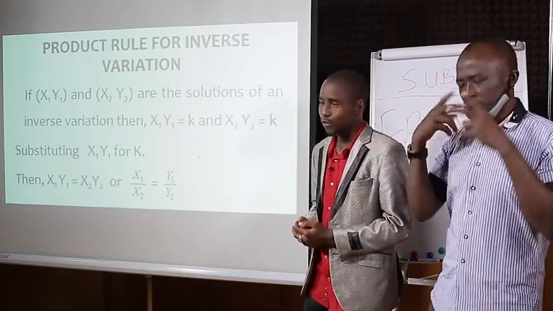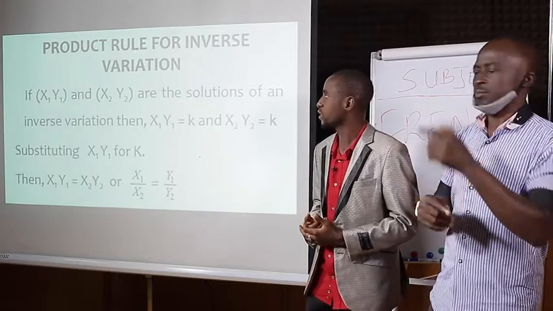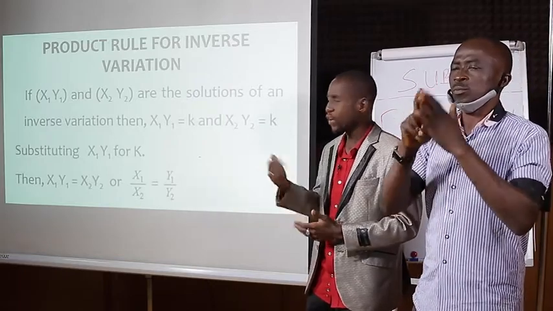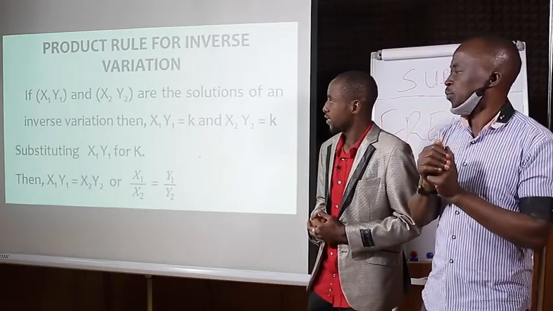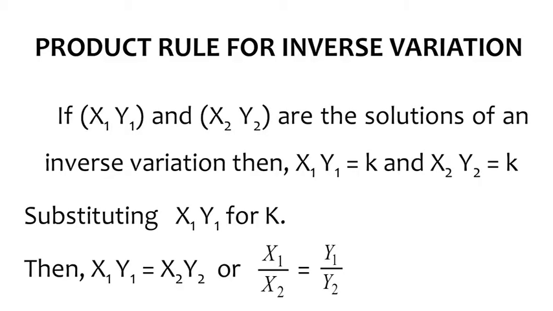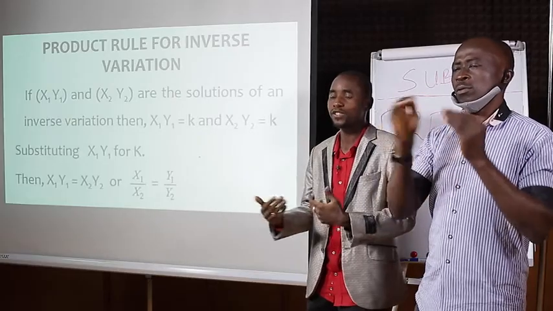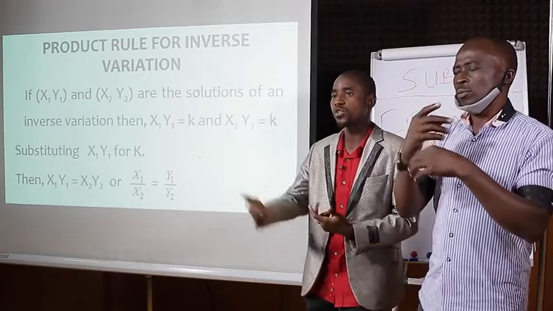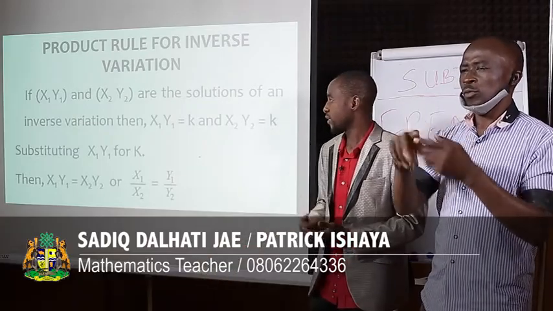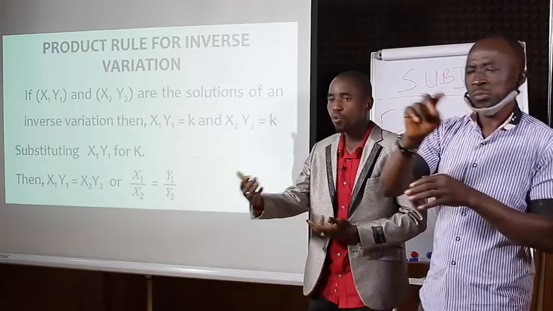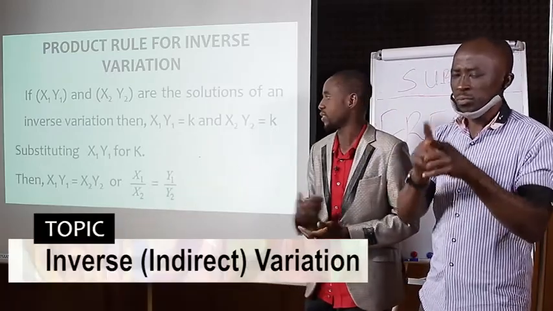Then let's see another part of inverse variation, which is the product rule for inverse variation. It says if x1, y1 and x2, y2 are the solution of an inverse variation, then x1 y1 equals k, which is a constant. That is the product of x1 and y1 will result to a constant. Likewise, x2 y2 will also result to the same constant, k.